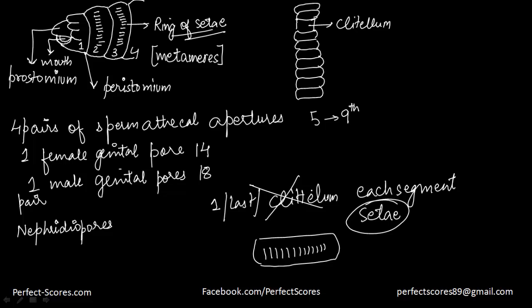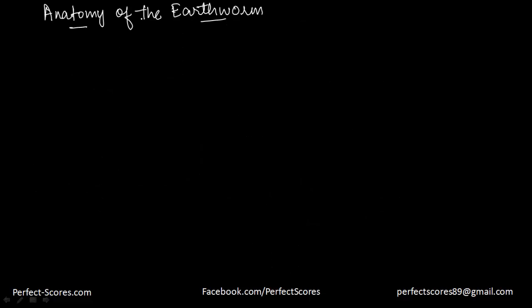The next important thing is the anatomy of the earthworm. So first things first, let's start with the outer surface, that is the body wall. The body wall of an earthworm is covered by a very thin non-cellular cuticle. Below that you have the epidermis. Then you have two muscle layers.